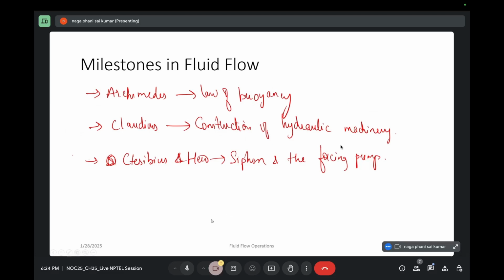So I'll not be going into all the details of all the milestones that happened. I'll only be focusing on the most important things. And then there's one scientist who conducted experiments on fluid statics to estimate specific weights.